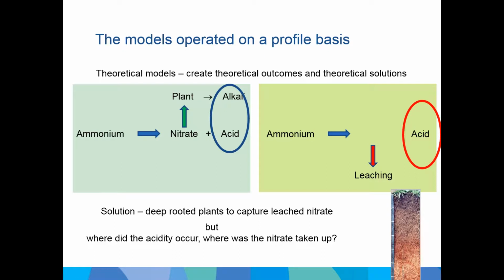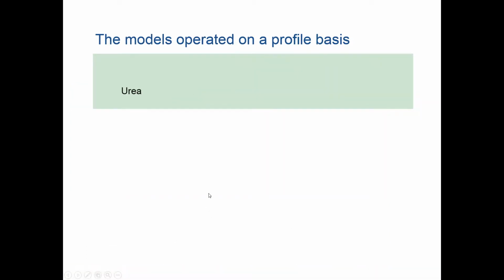So these theoretical models don't actually account for movement of things within the profile. Another example: urea fertilizer converts to ammonium by a process which increases the pH. That ammonium can then nitrify, as we've just shown, and that's quite an acidifying reaction.